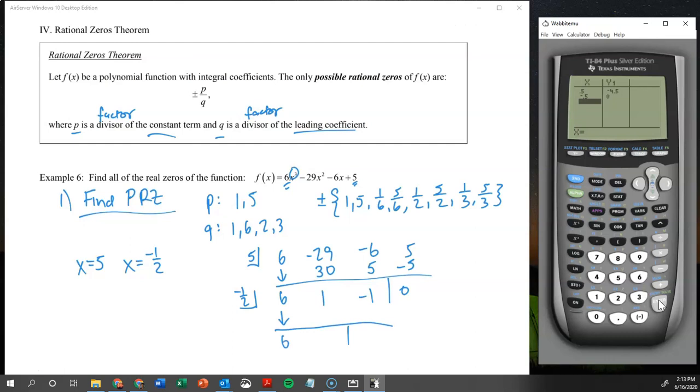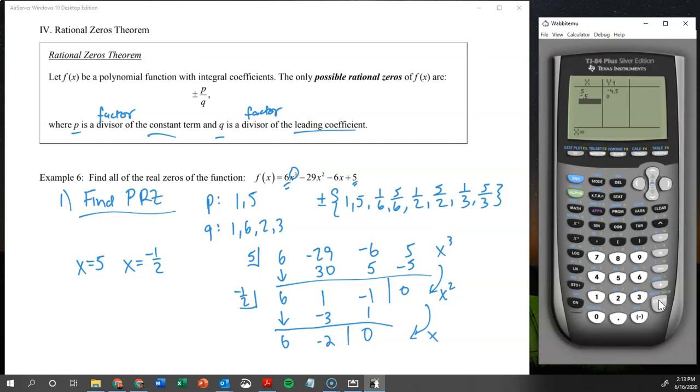We drop down the 6. 6 times -1/2 is -3. That's going to give me -2 right there. Then -2 times -1/2 is +1, and adding to -1 gives me a remainder of 0. Just like before, as we've talked about in these notes, we started with x cubed. We divided the first time, that got me down to x squared.